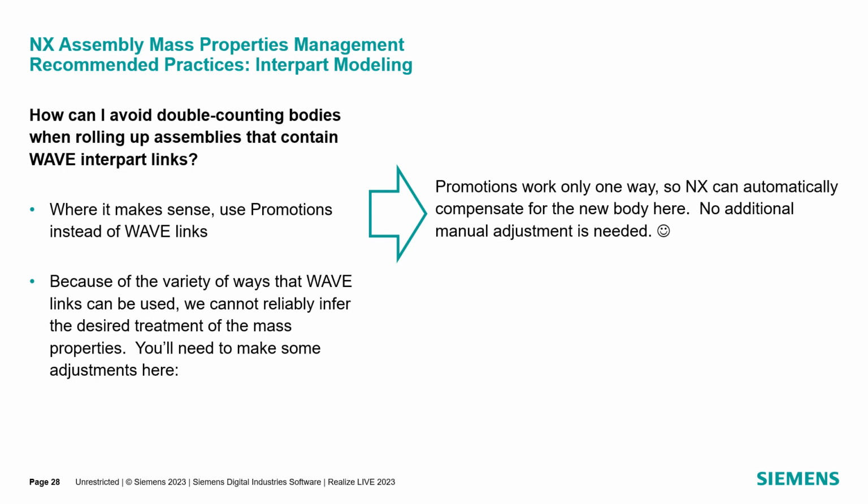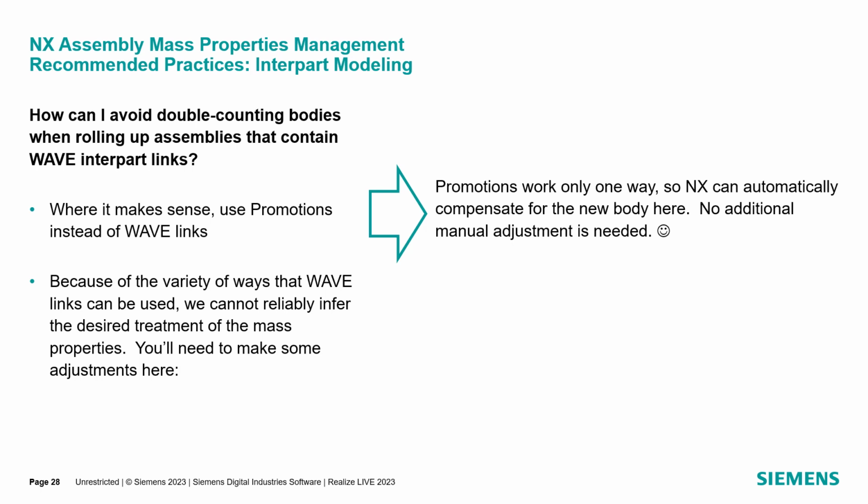But because it only works one way, we know how it works, and from the mass properties roll-up perspective, it's the easy case, right? Because the user's intentions are clear. And if this is the specific use case for a customer, then Promote will in fact automate the mass properties effects. And we can see that.